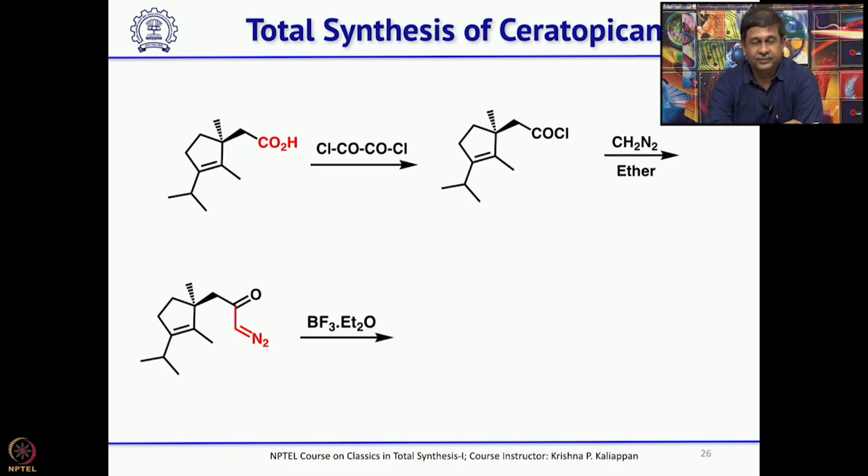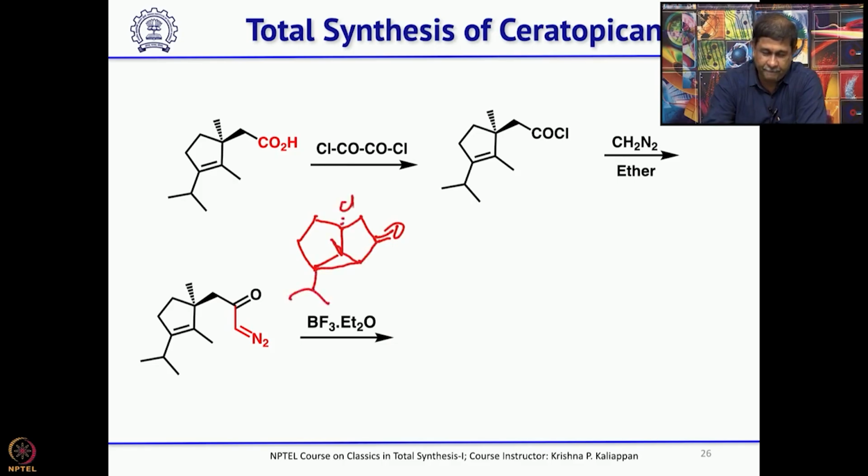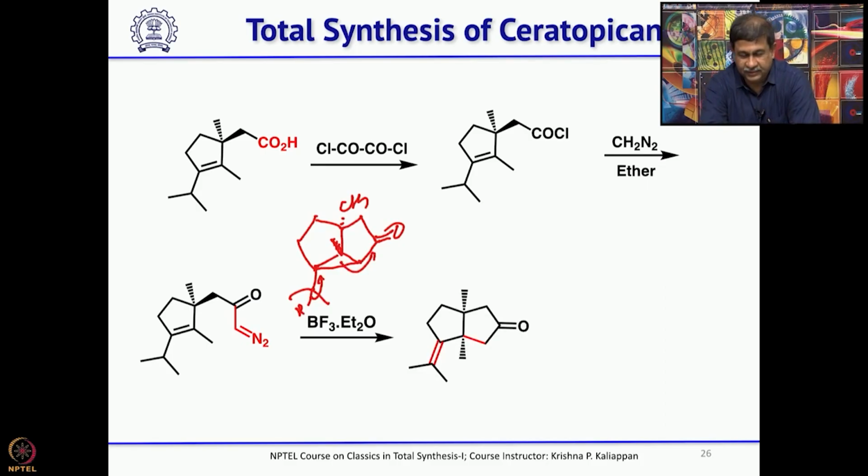This diazoketone then on treatment with BF3 etherate undergoes 3 steps in one pot. The first step is cyclopropanation. Okay. Now, under this acidic condition, the cyclopropane opens, so you get this compound.